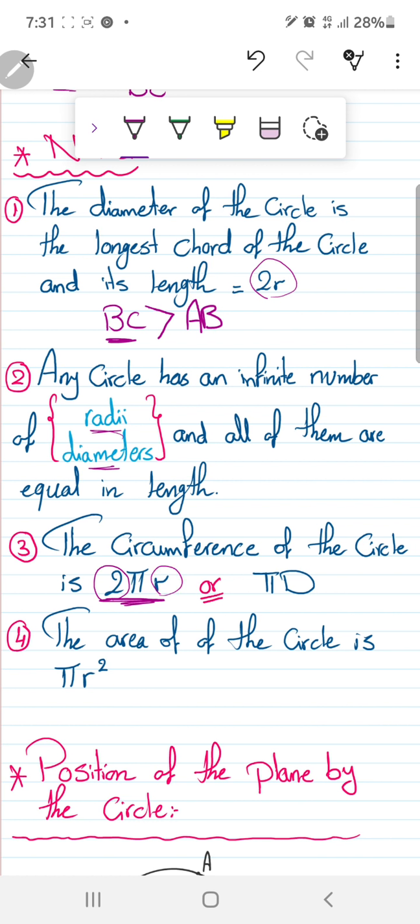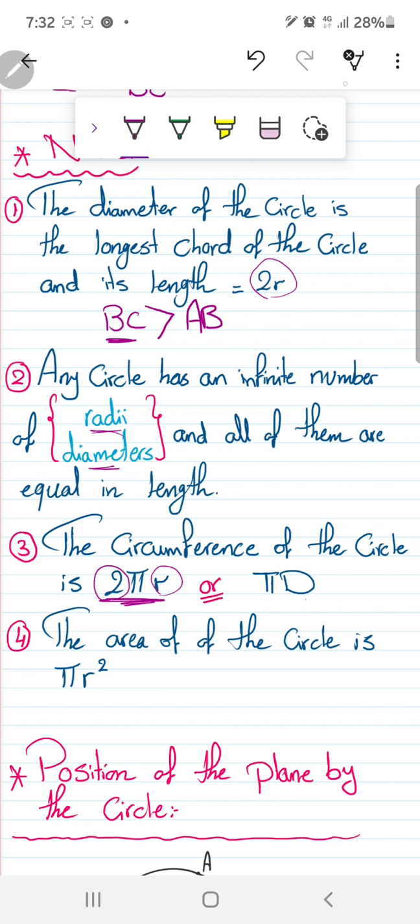So we get the circumference in another way, πd. What is the meaning of pi? It is the approximated ratio, which is 22/7 or 3.14. The last one, the area of the circle equals πr squared.